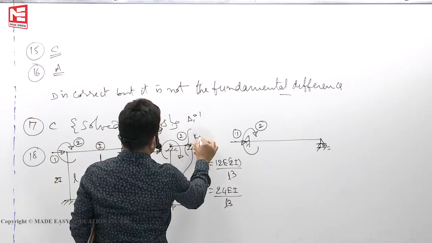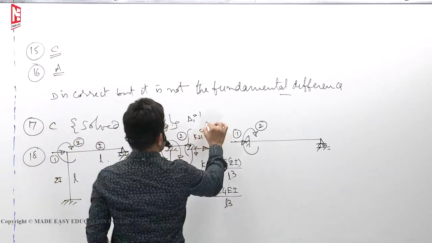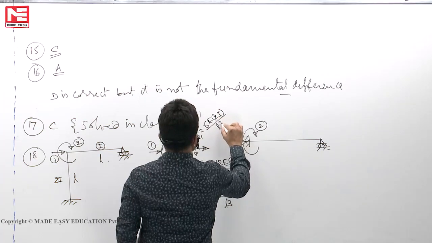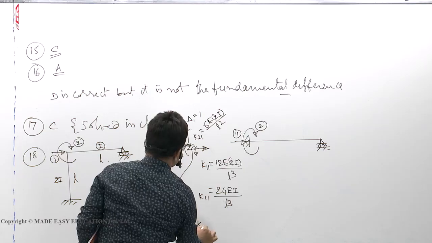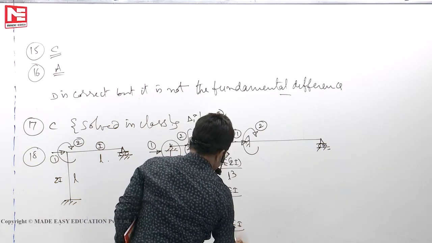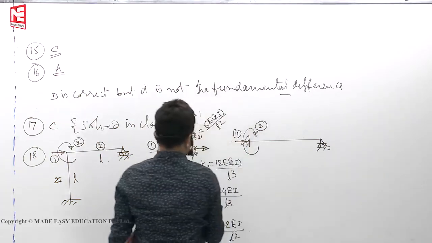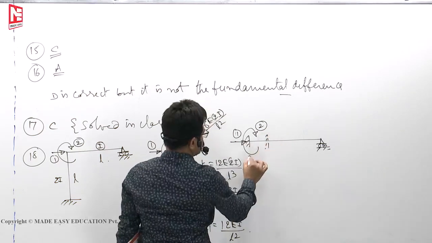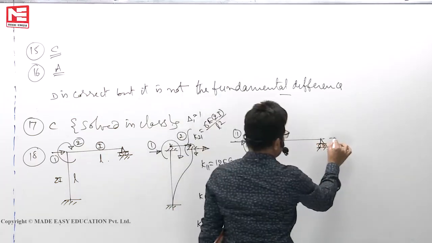This one, K21. He is asking what? K21 is 6EI by L square, with I meaning 2I. So this is K11, K21, 12EI by L square. Next, K1. Here if you push it by 1, delta 1 is equal to 1, say, without push this simply rolls out here.